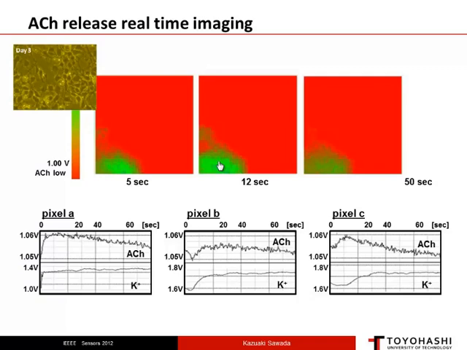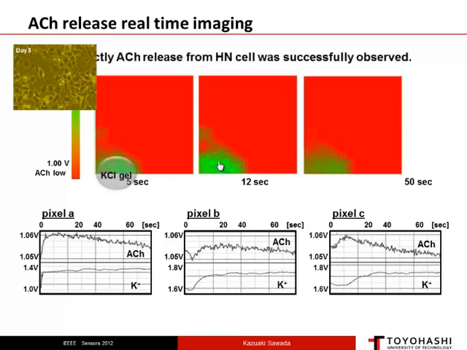The acetylcholine emission is rapidly increased in the stimulated area by the potassium stimulation and gradually decreased. And here is the stimulated area. But we can see some slight acetylcholine emission observed here.